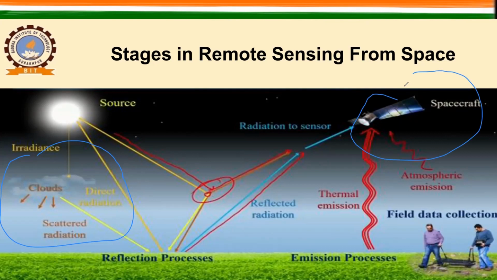This is known as path radiance. So there are errors in your remotely sensed data, because it is important to remove this in order to accurately identify your material from space, because these are extra energies which have been introduced by our atmosphere.